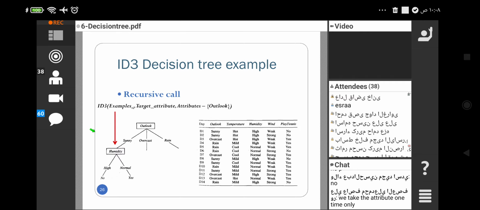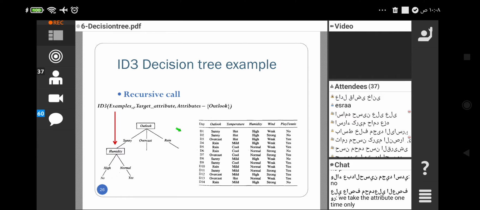Mr. Ali Asif, you said that we take the attribute one time only. For the root node, yes, but for the next nodes, no. For example, we may have humidity here, and also we may have humidity here. It depends on the information gain.